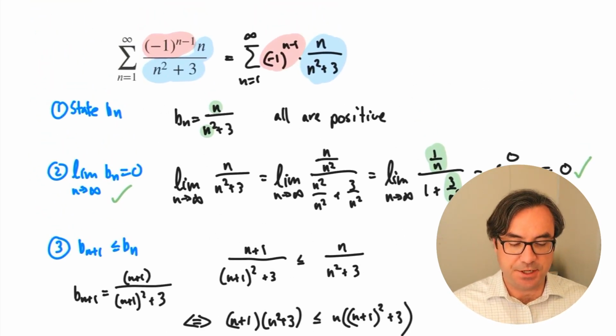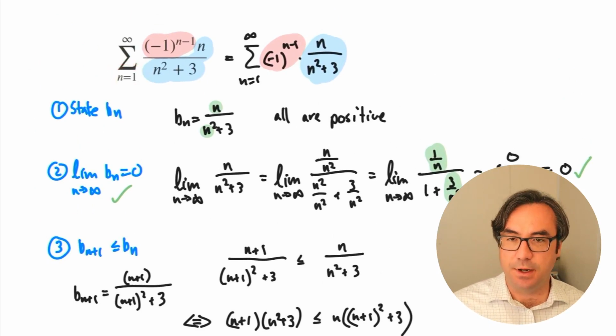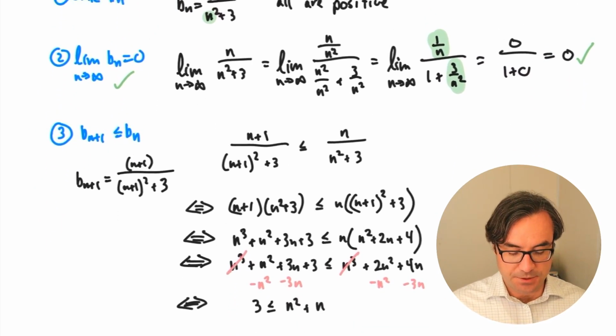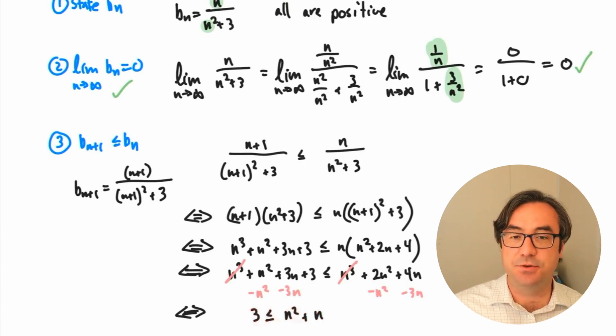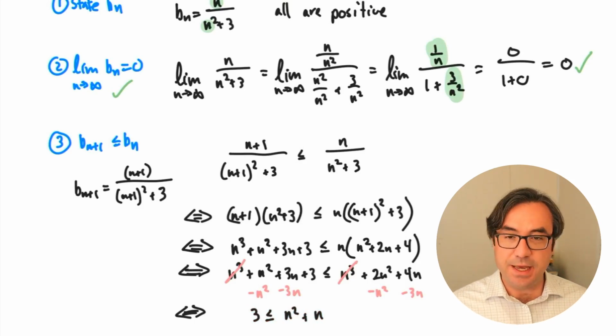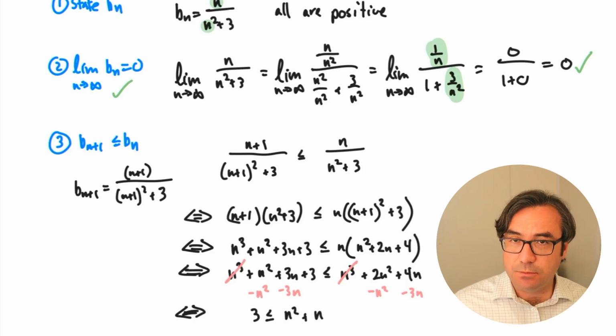So our series here was starting at n equals 1. So when n is 1, we end up with 1 squared plus 1. 3 is definitely not less than or equal to 2. But once we hit n equals 2, we're okay.